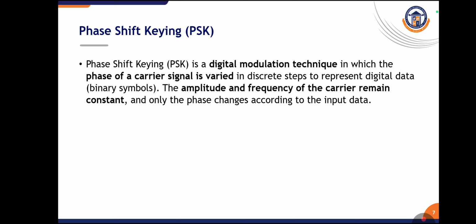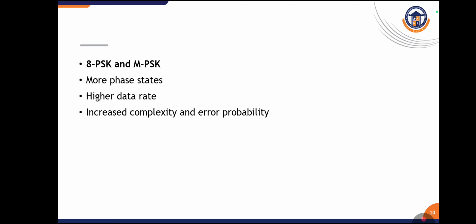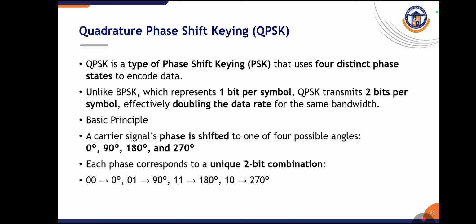PSK is a digital modulation technique in which the amplitude and frequency of the carrier remain constant. Next, the types we discussed, and after that quadrature. Quadrature means using four phase angles, 0 degree, 90 degree, 180 degree and 270 degree, in 2-bit communication.